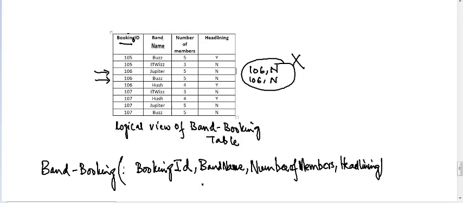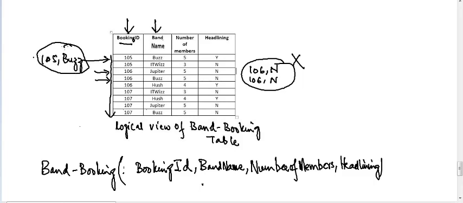Let us now try and take a look at the combination of booking ID with band name. If we take a look here, we see 105 and buzz, and when we take a look at all the records in our table, we'll see that this value does not get repeated again. Okay, so let's just check one more time.